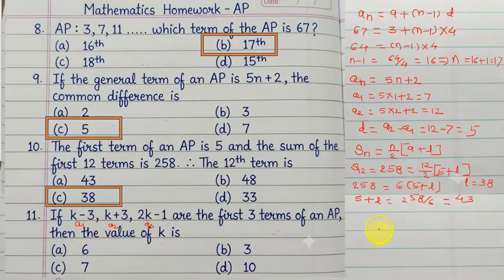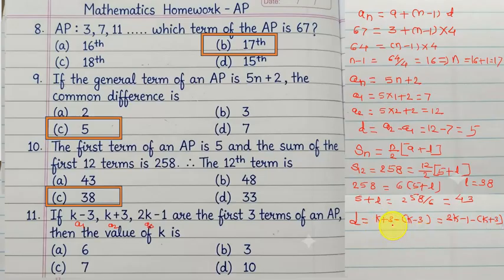A2 minus A1 is nothing but the common difference. What is here? (k plus 3) minus (k minus 3). Next is (2k minus 1) minus (k plus 3).